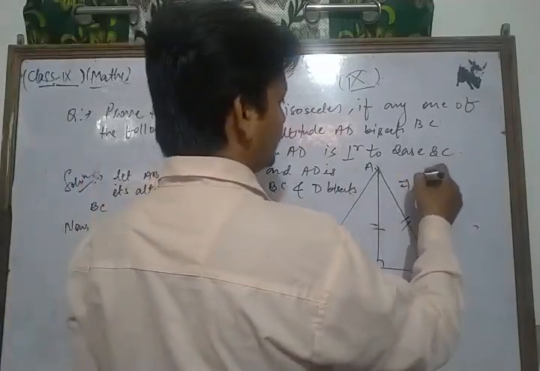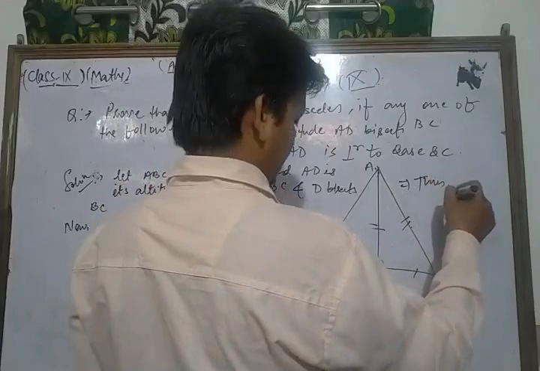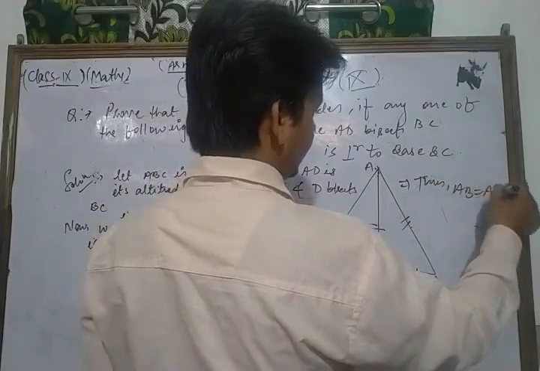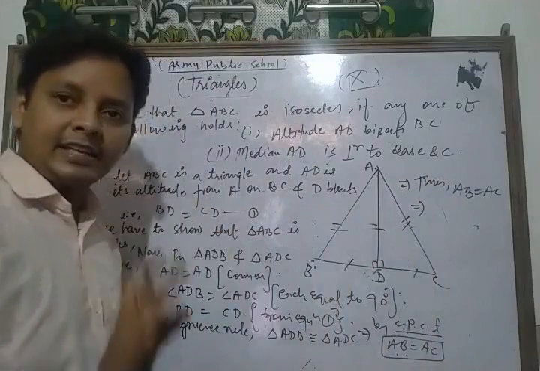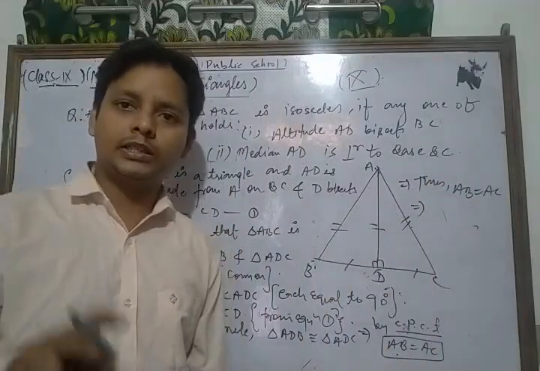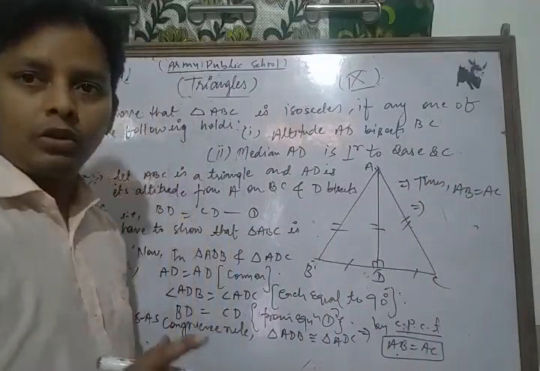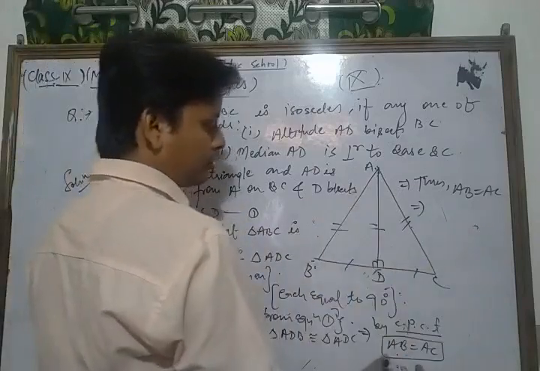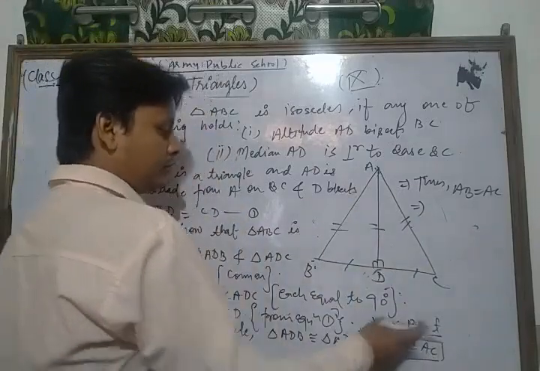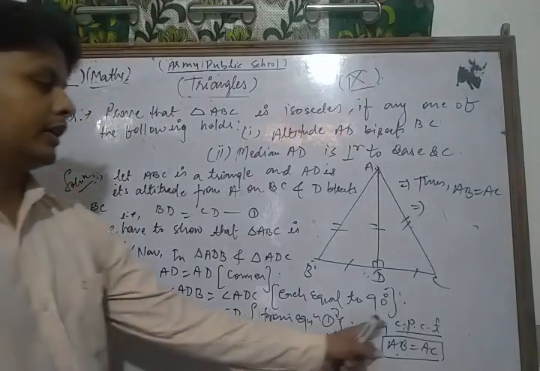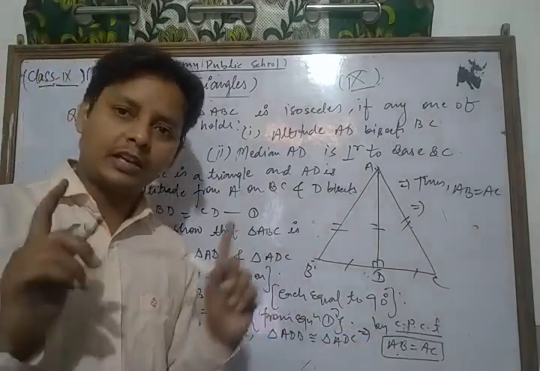Thus AB is equal to AC. If in any triangle two of its sides are equal to each other, then that triangle is what? Isosceles. So we have to show that AB is equal to AC. By CPCT means corresponding parts of congruent triangles are always equal.